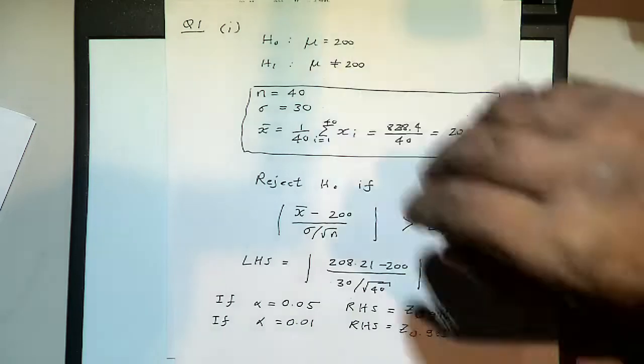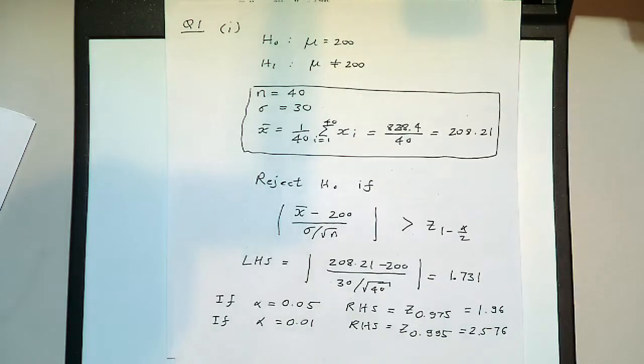So the conclusion. What do you see? The question is whether the inequality is satisfied or not. If alpha is 0.05, 1.731 is not greater than 1.96. And if alpha is 0.01, still 1.731 is not greater than 2.576.